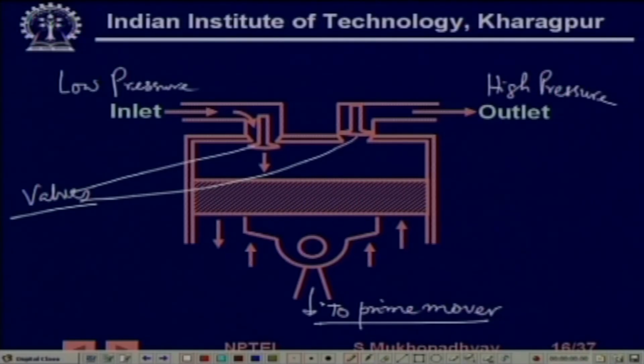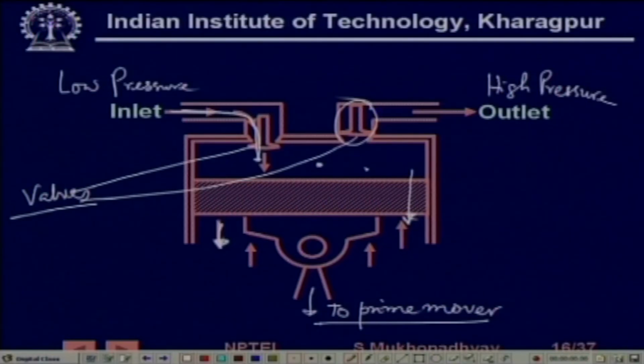In the suction stroke, this cylinder moves this way as shown here, and then this valve is going to open because the pressure here is going to fall. So, this valve will open and air will flow in from the inlet. This is only schematically shown.